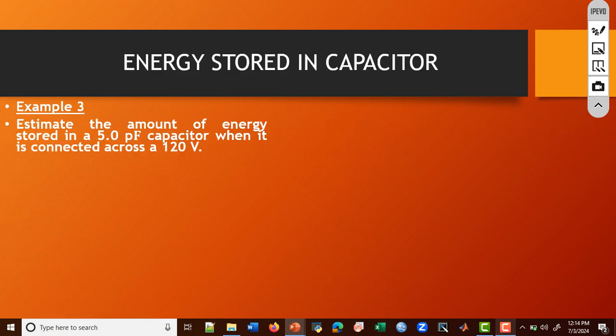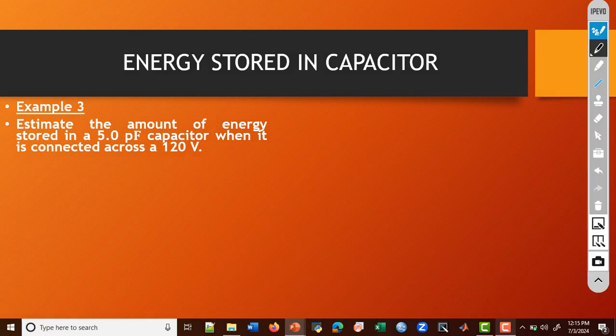Example 3. This one says, estimate the amount of energy stored in a 5 picofarad capacitor when it is connected across a 120 volts potential difference. So you can see that here we are using picofarad.